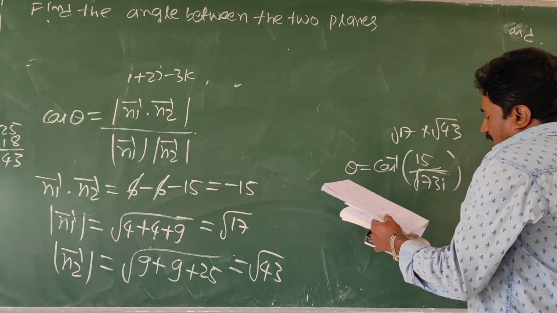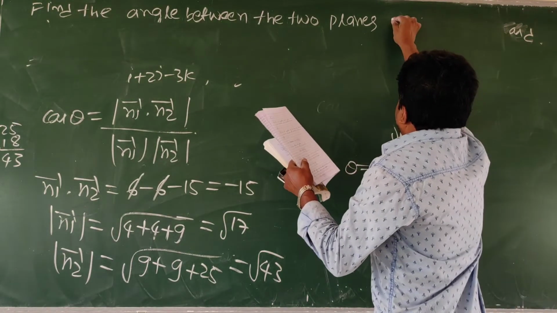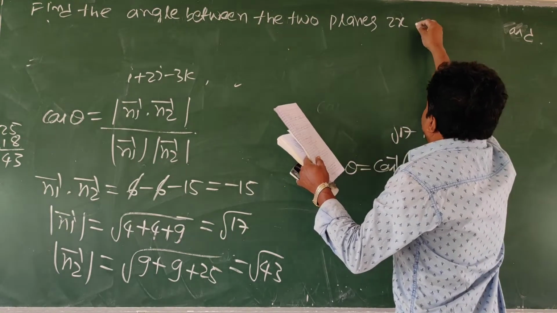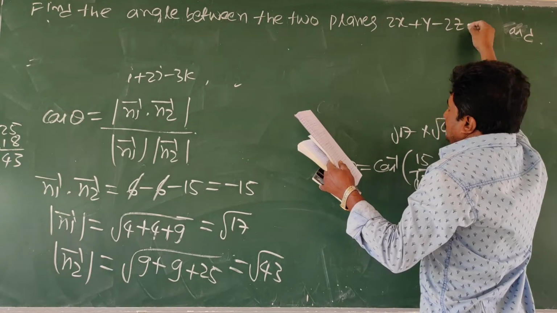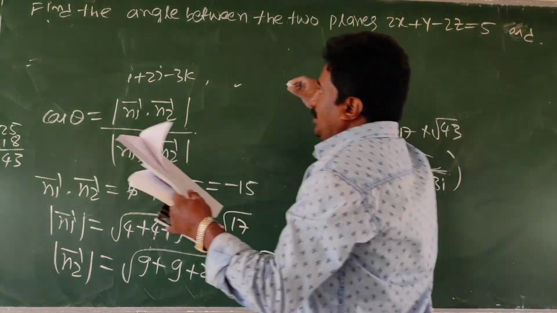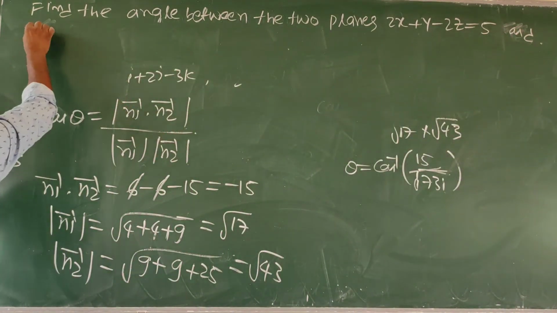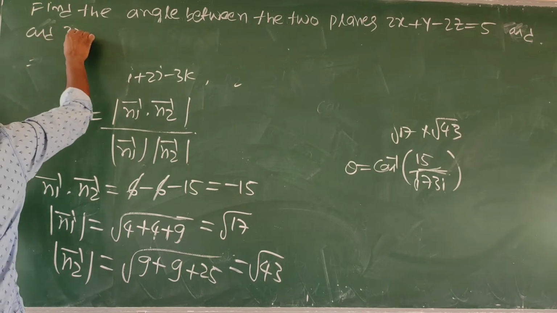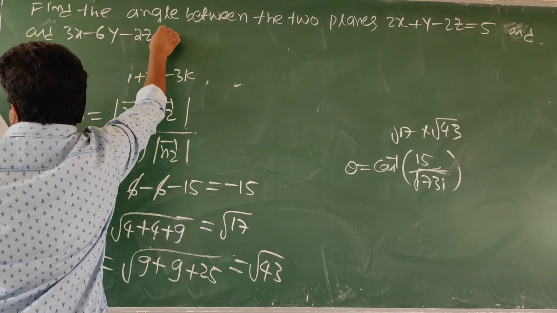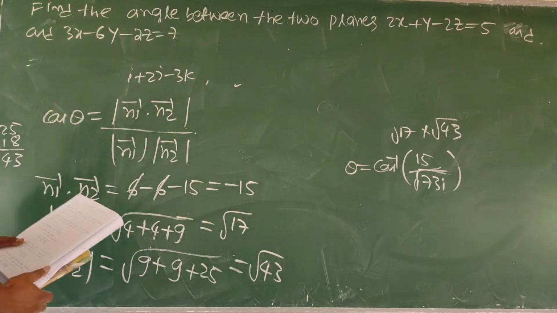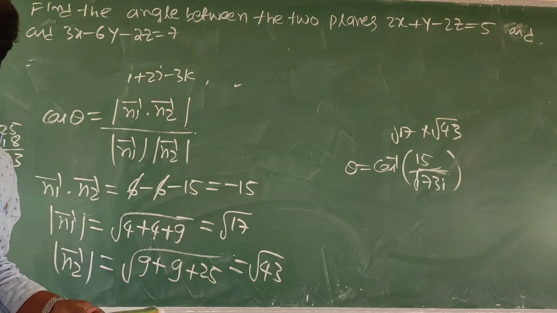Find the angle between the planes 2x plus y minus 2z is equal to 5 and 3x minus 6y minus 2z is equal to 7. Use the same method, students.